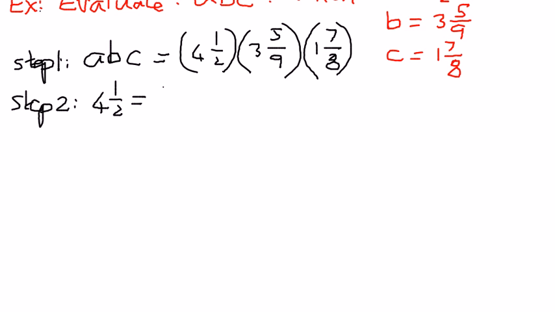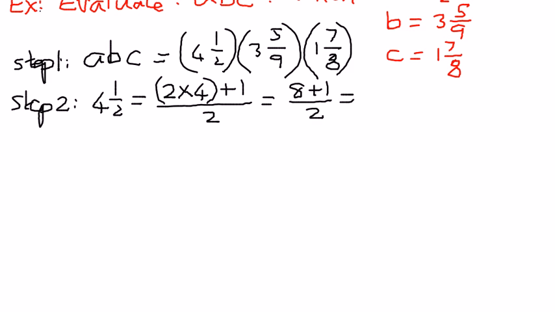We take the denominator of the fraction, multiply it by the number on the side, and then take the product of that, and then add the value of the numerator to it, and then divide it by the denominator of the fraction. So 2 times 4 is 8. 8 plus 1 divided by 2. 8 plus 1 is 9 divided by 2.